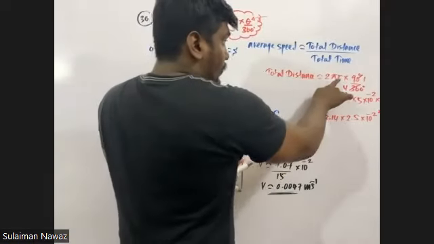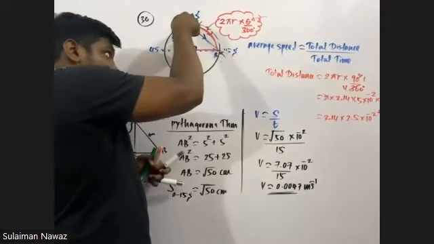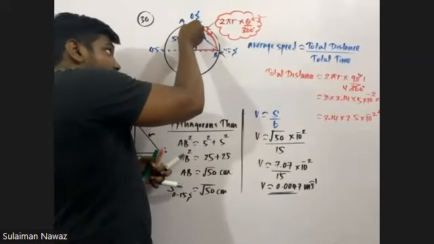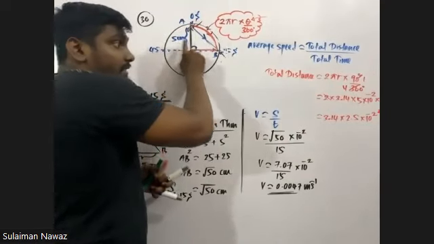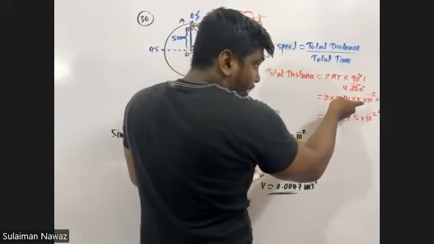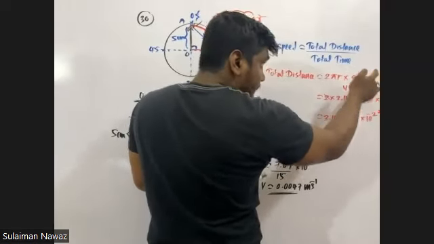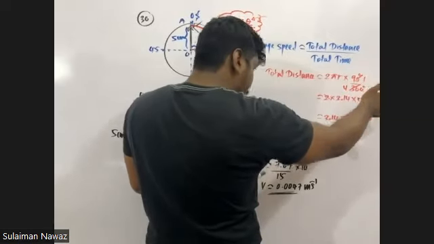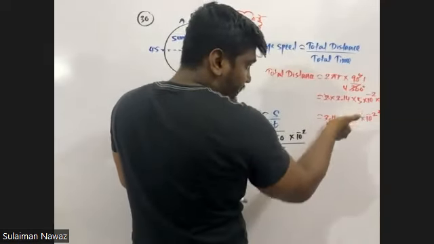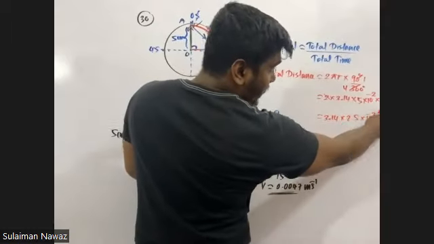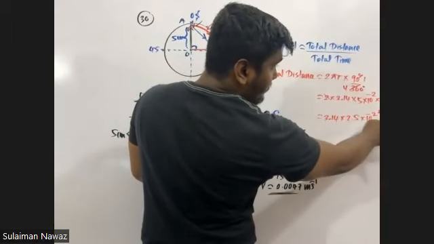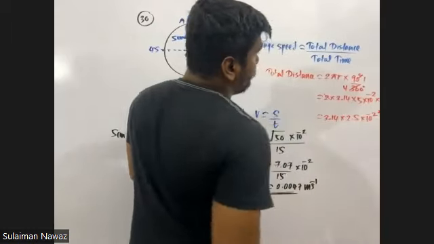The radius is the length of the second hand, 5 centimeters, converted to meters. 90 over 360 is 1 over 4. Then I obtain 3.14 times 2.5 times 10 to the power minus 2.